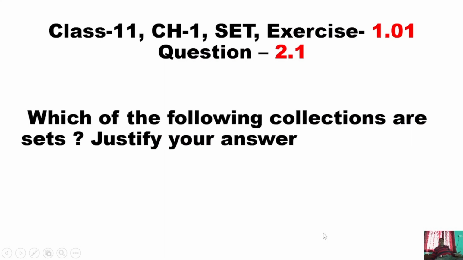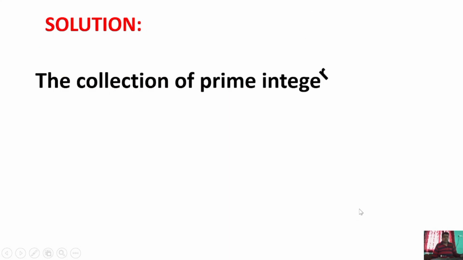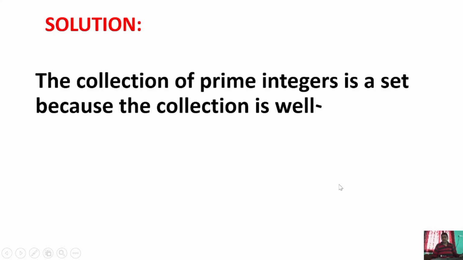Next question I am going to discuss is question number 2, the first bit, 2.1, of exercise 1.01. A similar type of question: the collection of prime numbers. Is it a set? Yes, it is a set, because the elements are well defined and you can write the set in roster form and also in set-builder form.